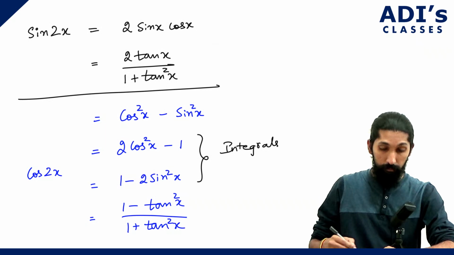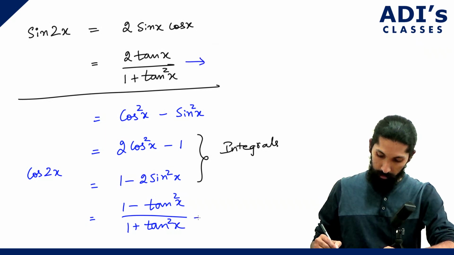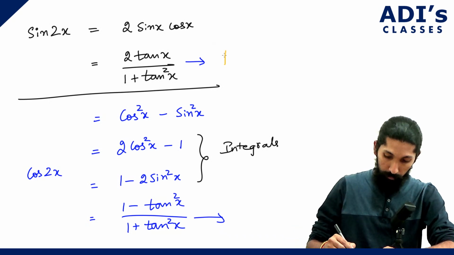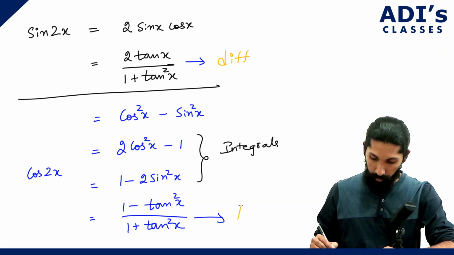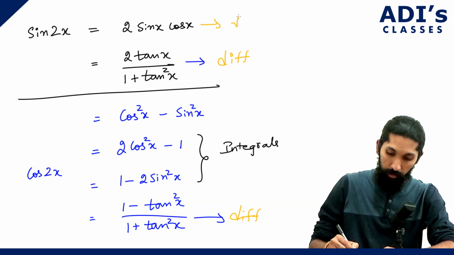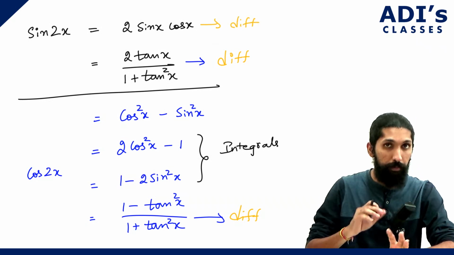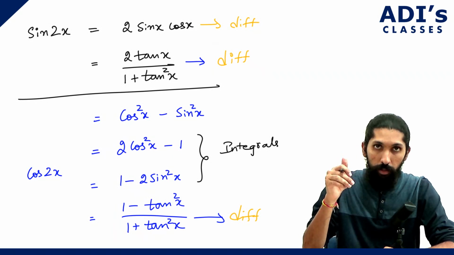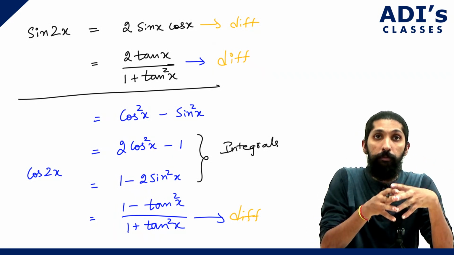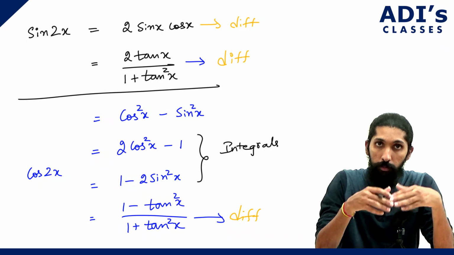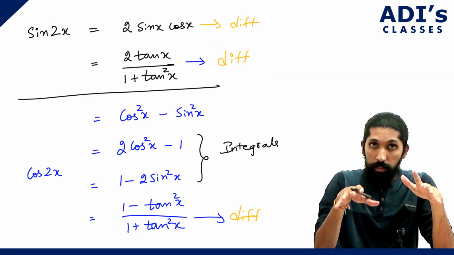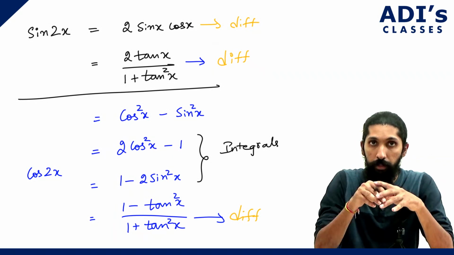The last two, this one and this one, we use for derivatives. So this we use for differentiation, and sometimes we use this for differentiation as well. So we have sine 2x and cos 2x, and for each particular type of calculus problem, which formula we use. Mostly, I'm not saying all cases, most of the time we use these particular formulas.